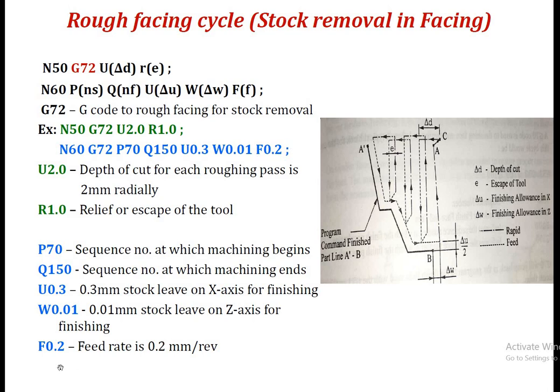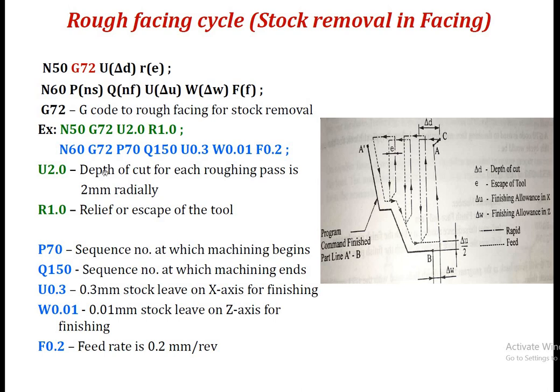Last, F, the feed rate, is 0.2 mm per revolution. The only change is the G72. For a rough turning cycle, the G code is G71, and for the rough facing cycle the G code used is G72. So this is all about the rough facing cycle.